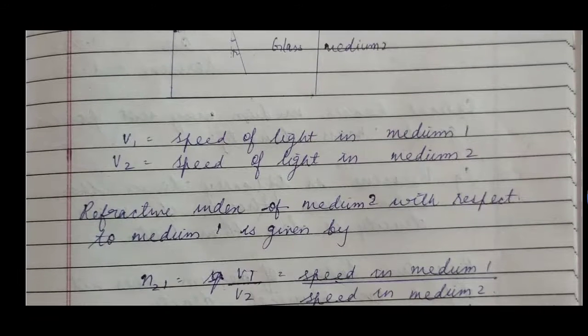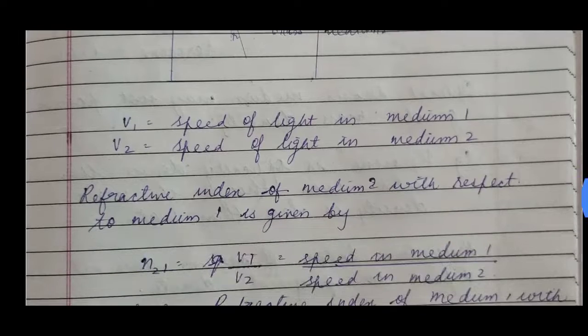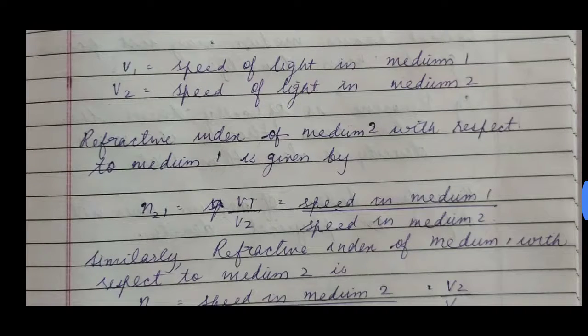So the refractive index of medium 2, the glass medium with respect to medium 1, the air medium, can be written as speed in medium 1 upon speed in medium 2, that is V1 upon V2, and it is denoted by n21. n is the symbol of refractive index.